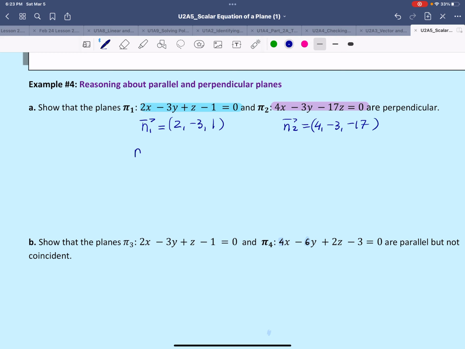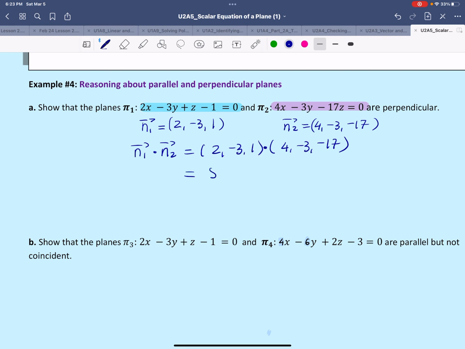So let's find the dot product of these two vectors to see what we get. We have (2, -3, 1) multiplied by (4, -3, -17). So obviously the x's go together, the y's go together, and then the z's together. So let's get started.